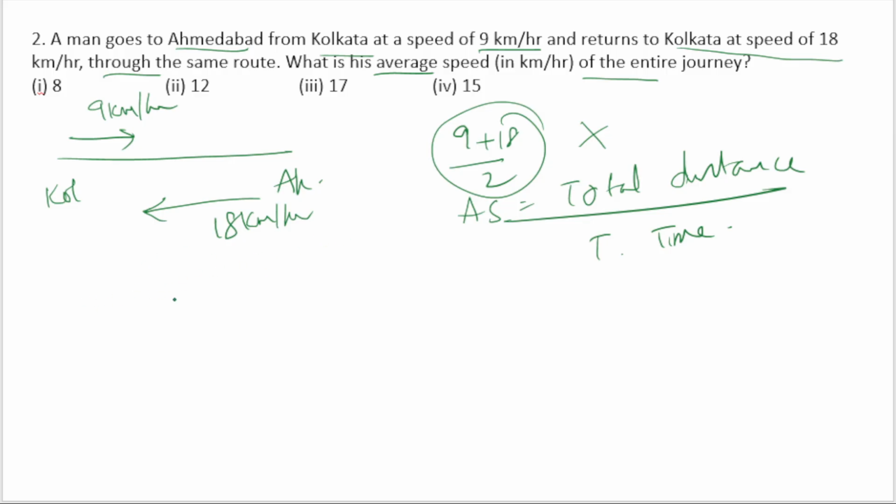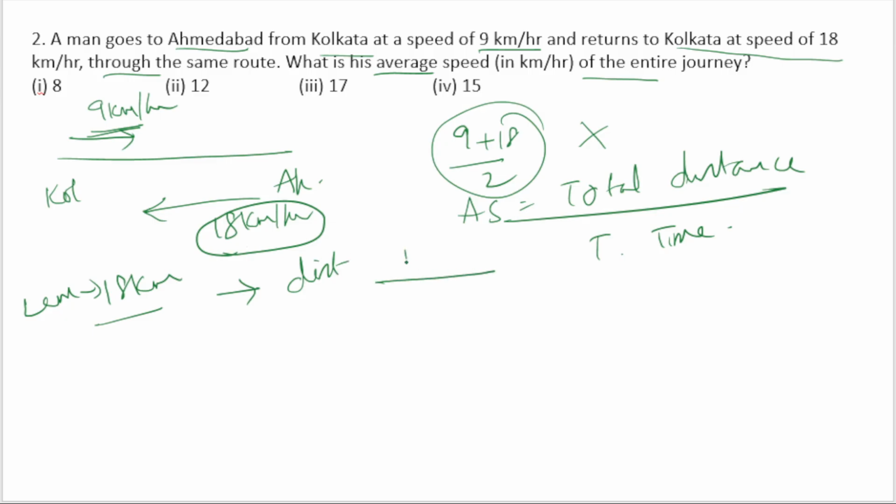We don't know the distance, so we will assume it. Since we have speeds of 18 and 9 kilometers per hour, we take the LCM, which is 18. So the distance from Kolkata to Ahmedabad is 18 kilometers.